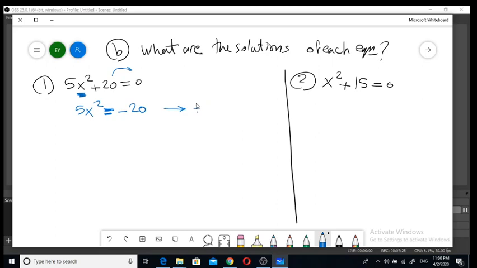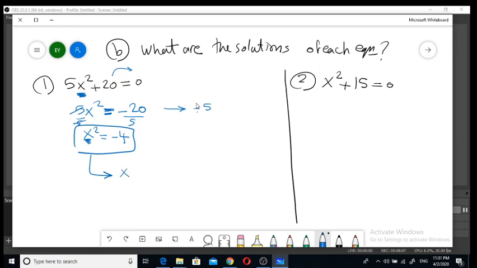Then by dividing each side by the coefficient of x squared, it will give us x squared is equal to negative 4. We need to find x. How can we find x? Take the square root of each side.